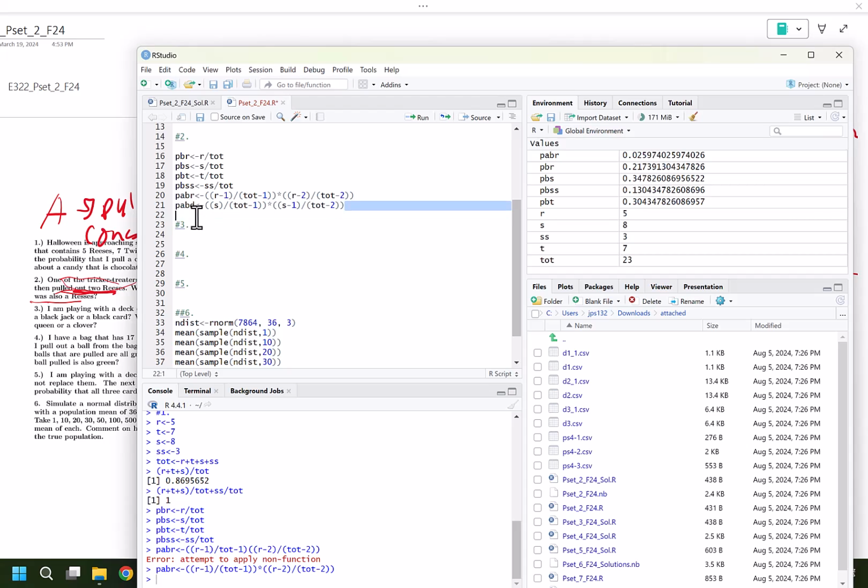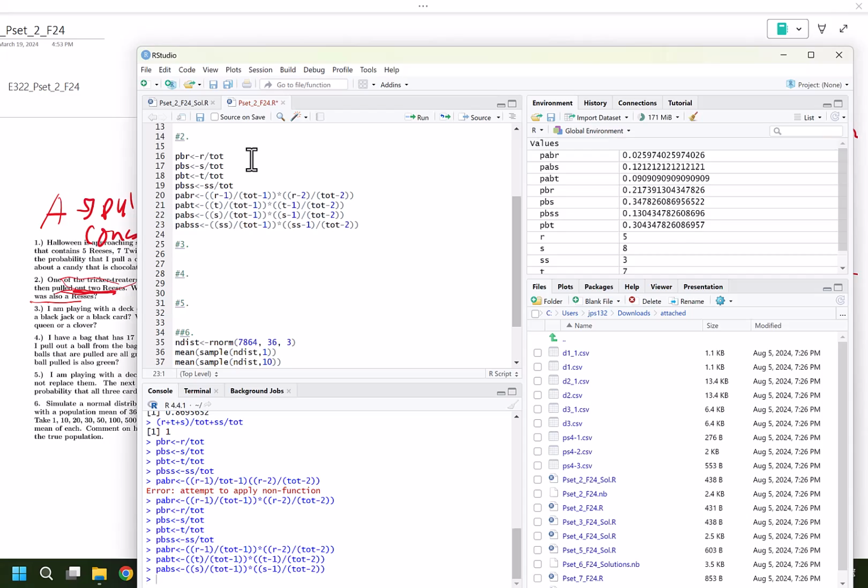And then the same thing for Twix, PAB Twix, and then we need to do sour straws. All right, so we can do this. Actually, I'm just going to go enter, enter, enter.